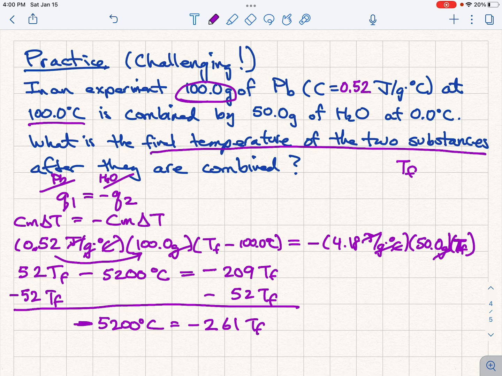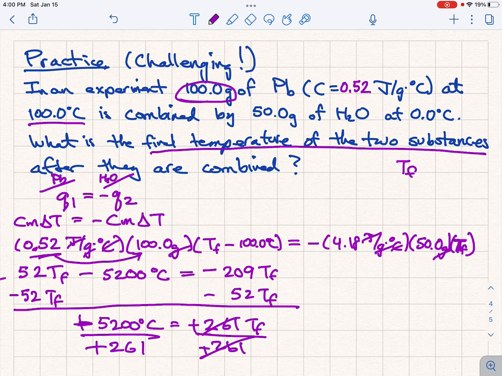Now we're going to divide both sides by negative 261, right? Because that's going to make all the negative signs positive. All right, that cancels out. So 5200 divided by 261. Now we've got to think about sig figs. Somewhere along here we had 2 sig figs from the T final coefficient, so 2.